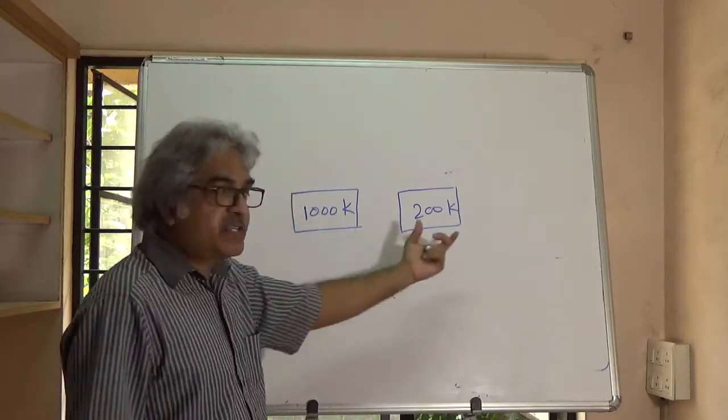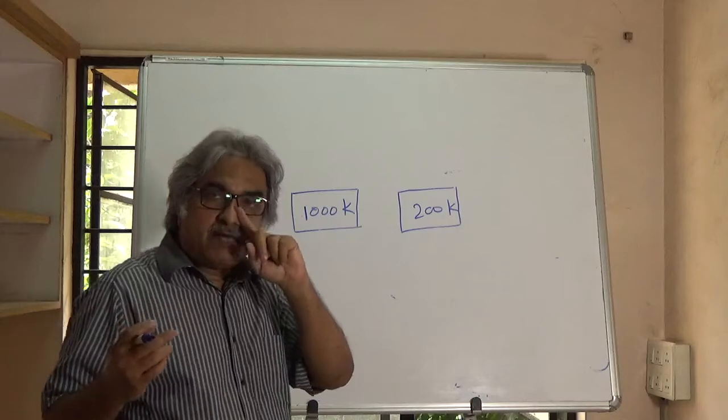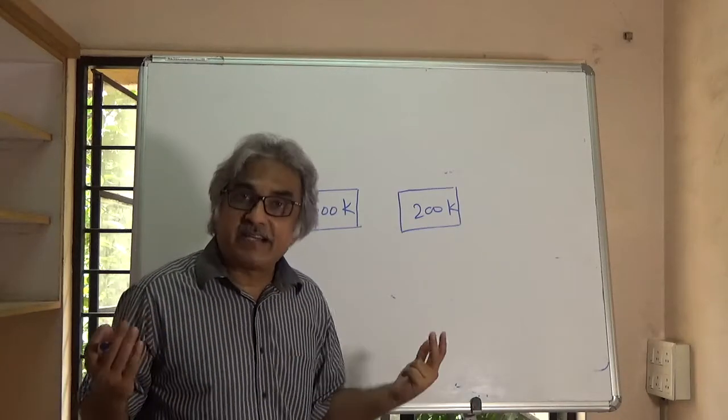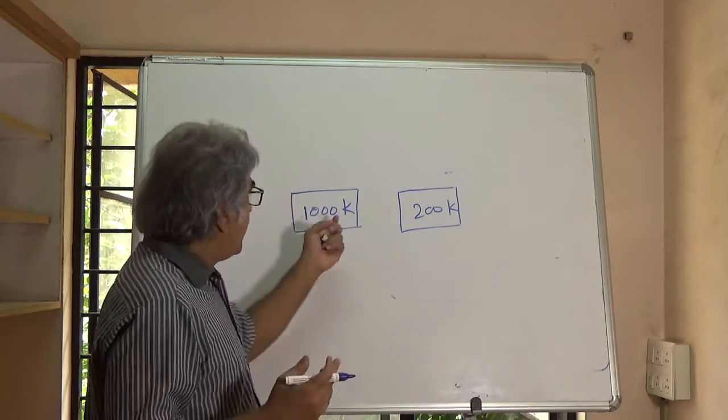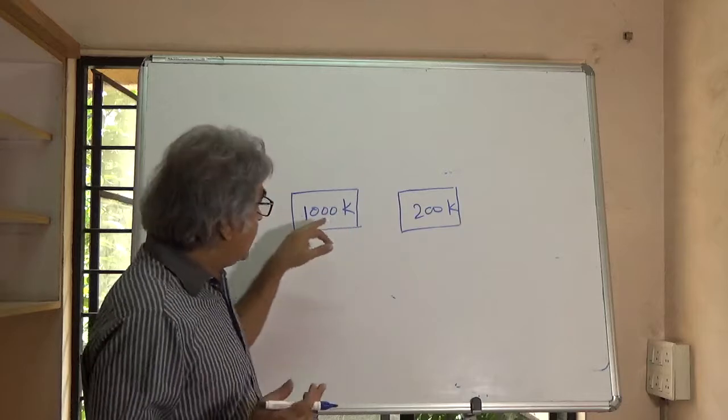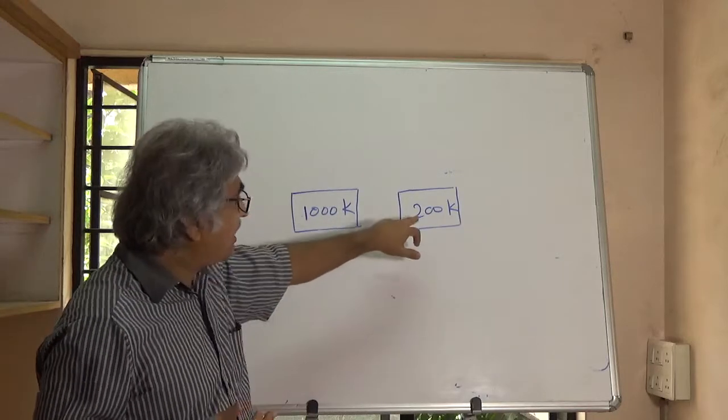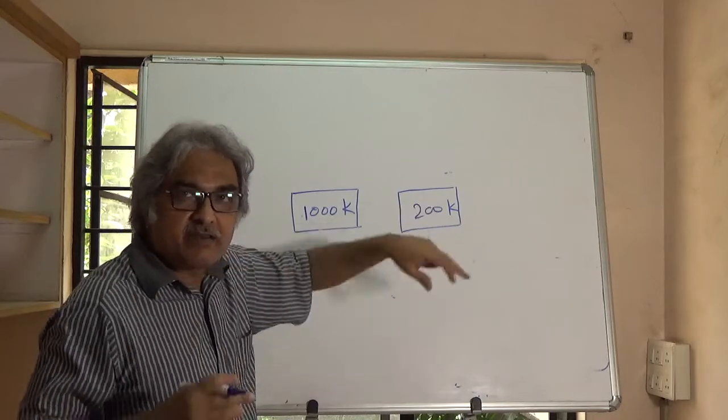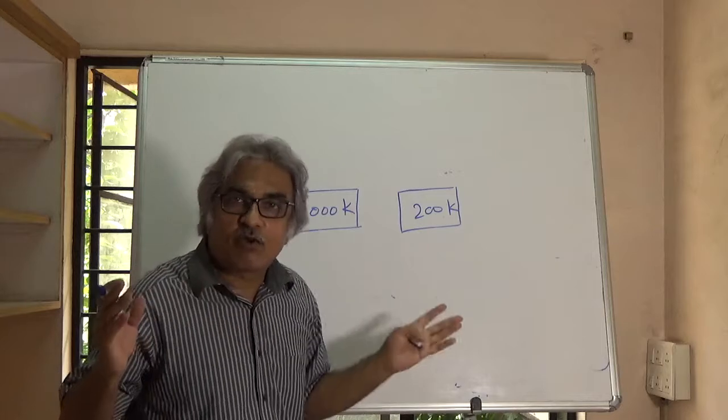Imagine that these temperatures are constant. Imagine them to be source and sink, right? That means no matter how much heat flows from this, its temperature will not drop. No matter how much heat it receives, its temperature is not going to increase.